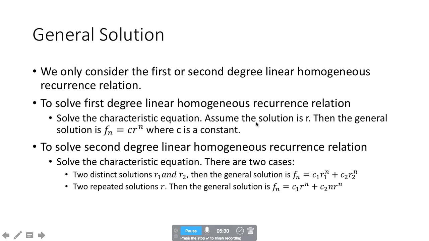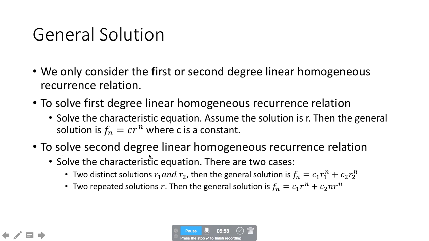Since it is a linear equation, it must have a solution. Suppose the solution is r, then the general solution for this recurrence relation is Fn equals C multiplied by r to the n power, where C is a constant, which means you have infinitely many solutions. Any different constant C gives you a different solution, so we call this form the general solution.